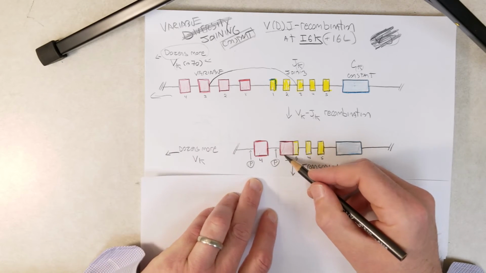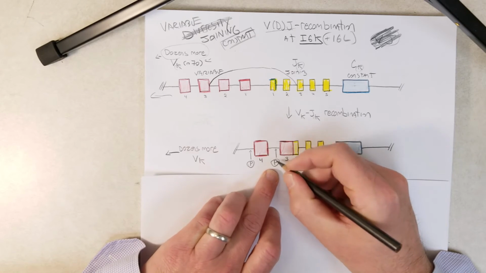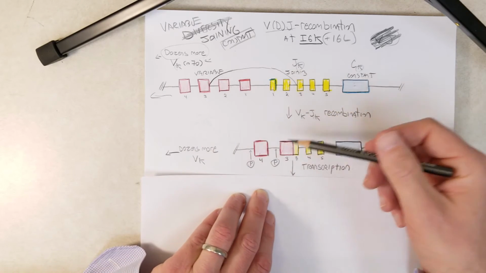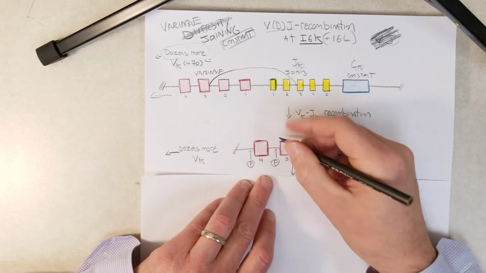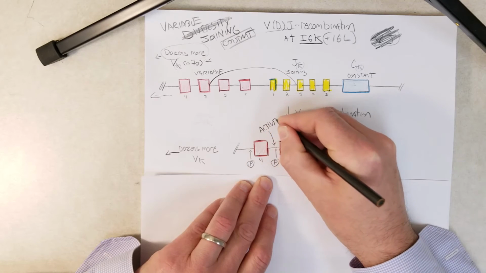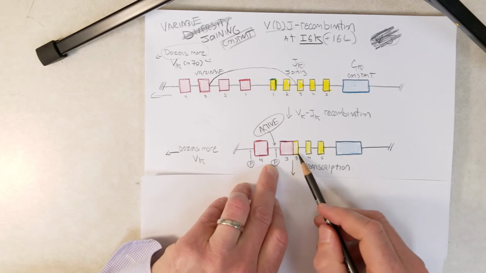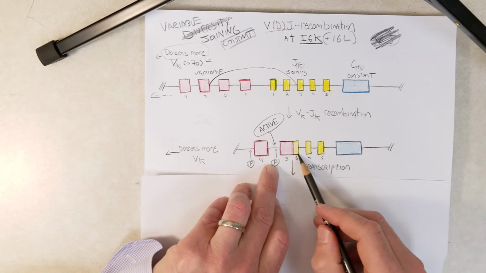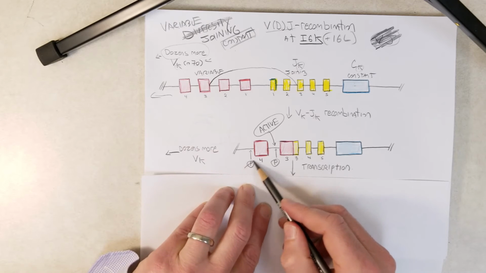So each of the variable gene segments has its own promoter. So all of these, whatever 100 of these things or more, they all have their own promoter, but only one promoter works. It's the promoter that is closest to the joining gene segments. So even though there's a promoter here, it's not going to work.